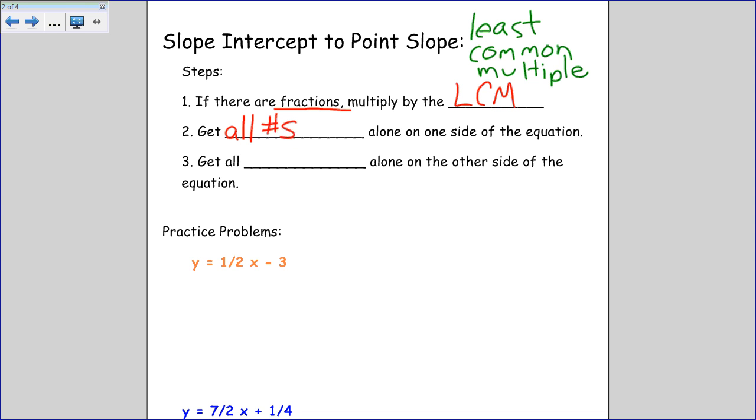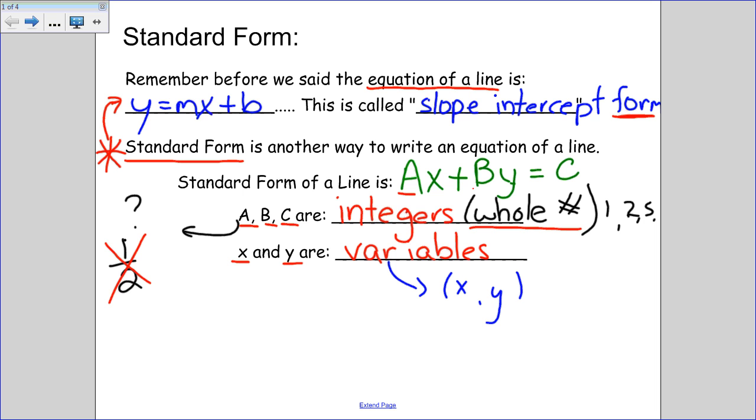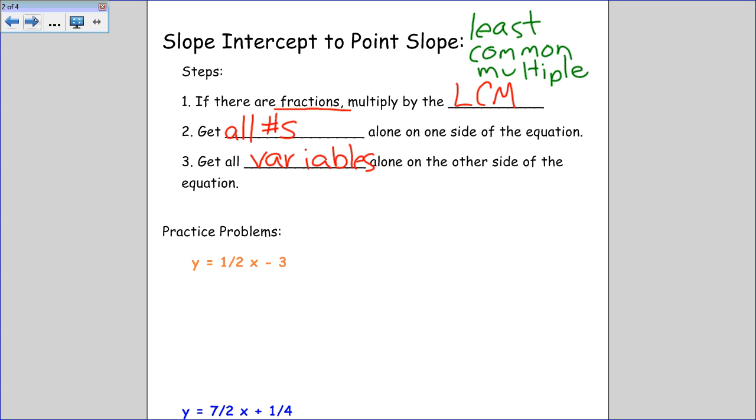Now we need all of the numbers alone and get all of our variables on the other side. Is it okay if our variables have coefficients, which is numbers, in front of them? Yes, remember? These a and b, those are coefficients. Those are numbers, okay? We need numbers that aren't attached to variables on the other side.